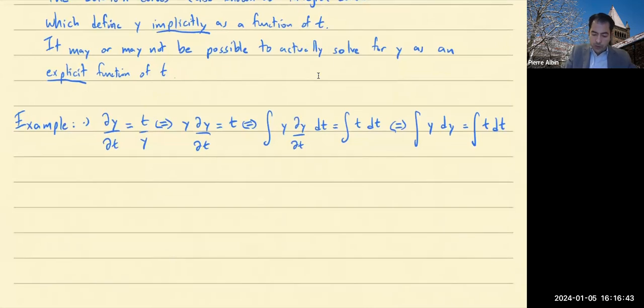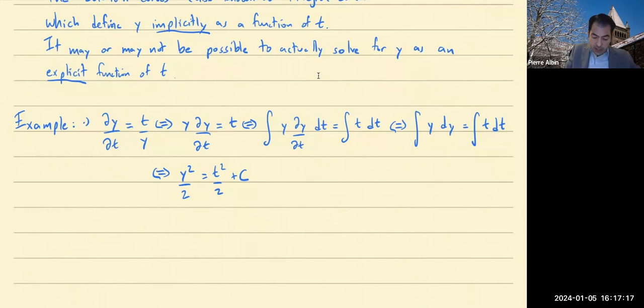We carry out those integrals. We end up with y squared over 2 is equal to t squared over 2 plus c. So when we have this equality of integrals, you could have said the left-hand side is y squared over 2 plus a constant, the right-hand side is t squared over 2 plus a constant, but it's enough to just write one of those constants down. And so we'll usually do it in this way.